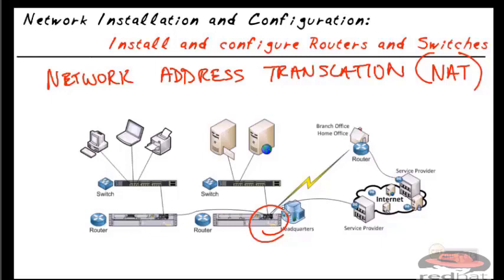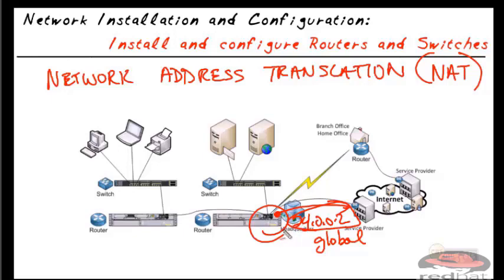On this router, we've got a global address on this interface right here facing the internet. And maybe it's 24.0.0.2 or some other IP address that's globally routed on the internet. It's not a private address. It was assigned to us by the service provider via DHCP, or they told us to statically configure that IP address. Either way, it doesn't matter, but we have a global address here.